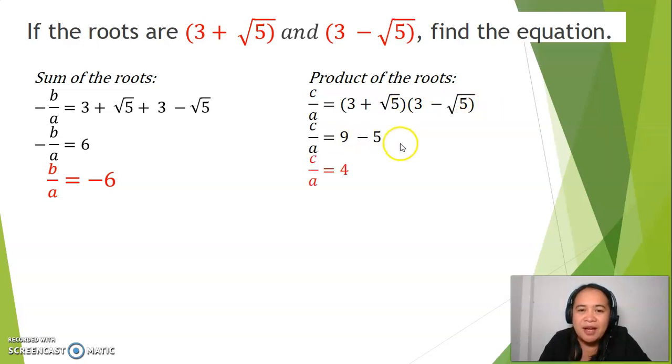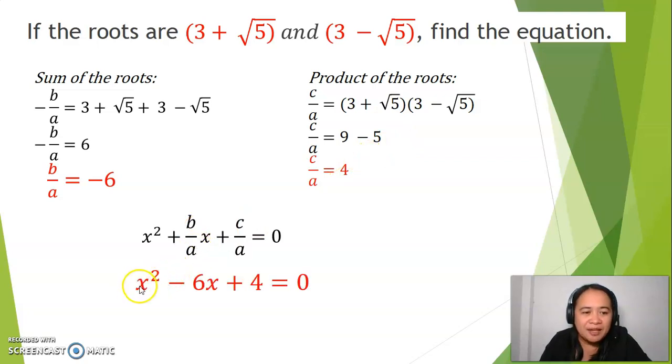So 9 minus 5, we will end up with 4. Substituting in this equation, we will have x squared minus 6x, and our c over a is 4. So therefore, x squared minus 6x plus 4, the roots are 3 plus and minus square root of 5.